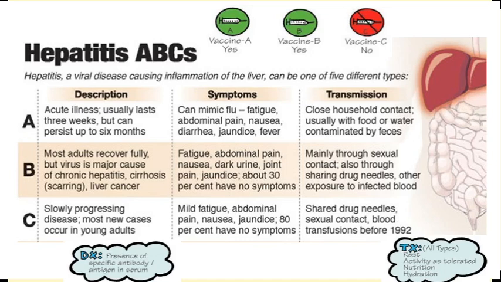Differential is going to be the cause, whether it was a virus like hepatitis A, B, or C, or whether the cause was alcohol, or whether the cause was the medications that I took for my other longstanding health condition that damaged my liver so badly that now I have liver disease and liver failure, right? So liver disease is liver disease. It's going to present all the same. It's what's the cause, okay?